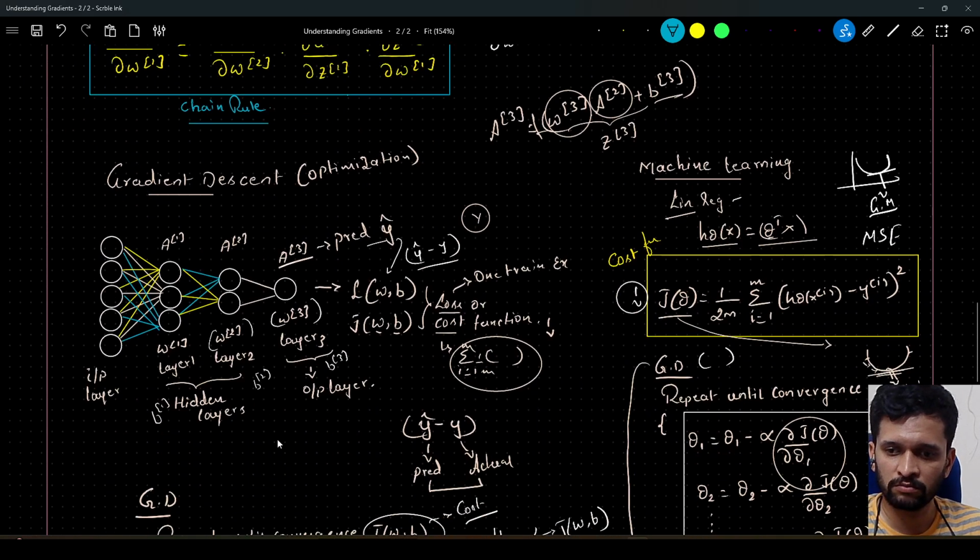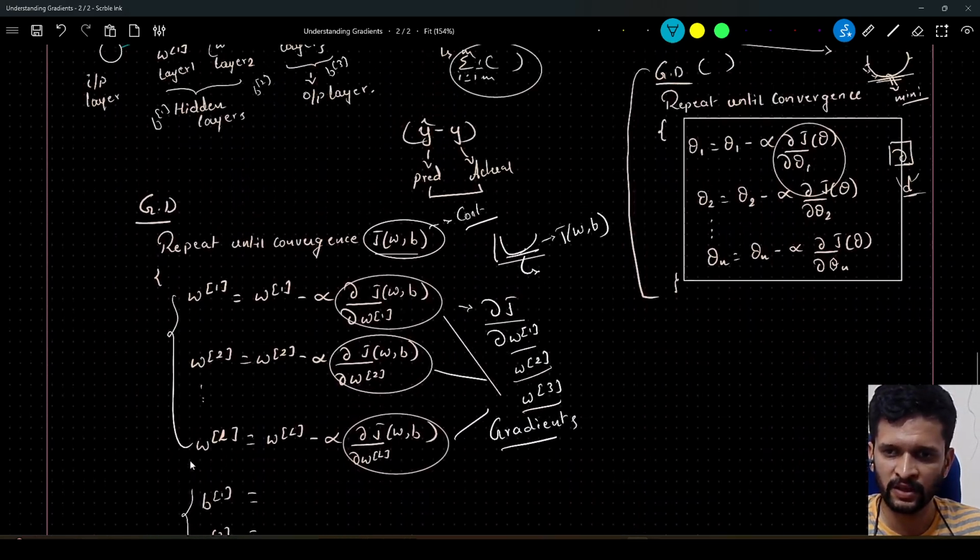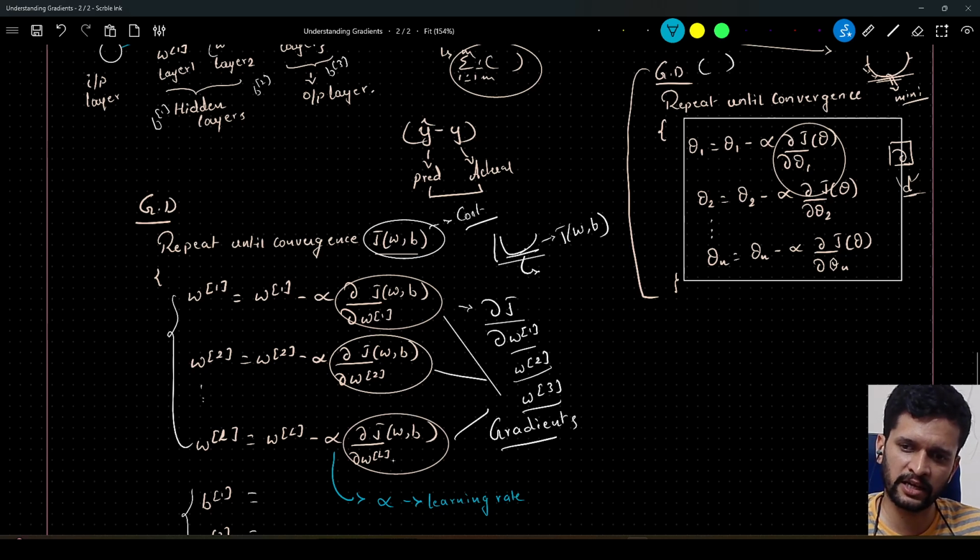Now we have the values for these gradients. We will plug in these rules and multiply them with alpha. Alpha here, as you know from machine learning, stands for the learning rate. We multiply that with our computed gradients and then subtract that from our existing values at that particular layer, and we get our new values for the weights.